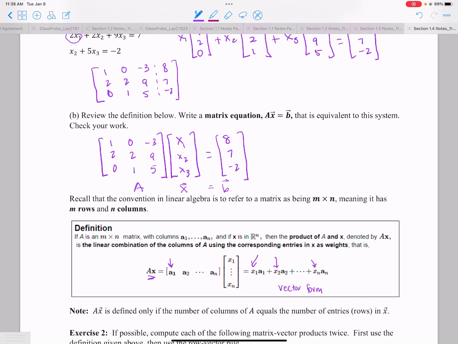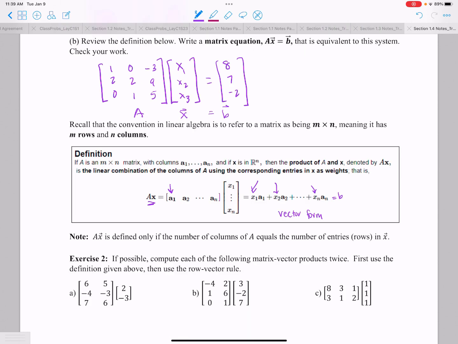So B, the right-hand side, is equal to a linear combination of the columns. So I'm going to make a note that AX, a matrix times a vector, is only defined if, I always say, the inner dimensions agree. So the number of columns of A is the same as the number of entries in X.